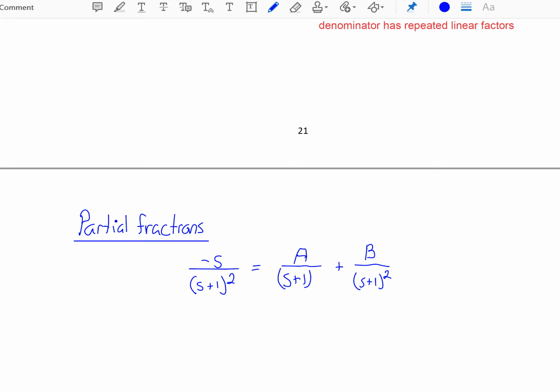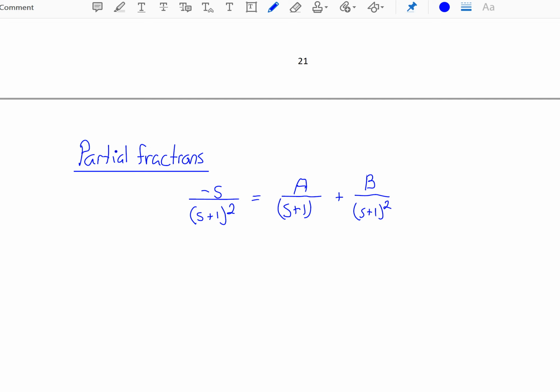And again, we're going to multiply everything by our lowest common denominator to remove our fractions. And this will give us negative s equals a times s plus 1 plus b. And there's a couple of different techniques you can use to solve for a and b here.